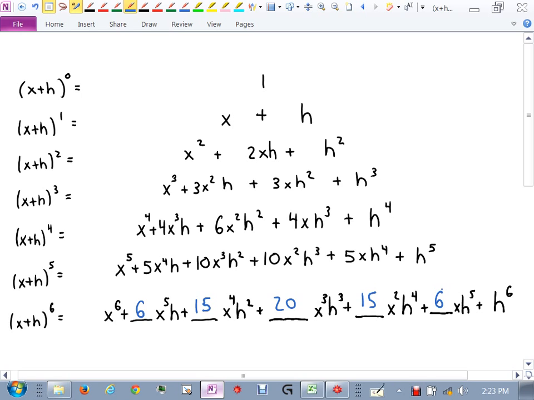Okay. The numbers come from something called Pascal's triangle. And what I'll do is I'm going to write something in here. A coefficient is a number in front of a variable. I'm going to write all the coefficients here. 1, 1, 1, 1, 2, 1, 1, 3, 3, 1, 1, 4, 6, 4, 1, 1, 5, 10, 10, 5, 1.